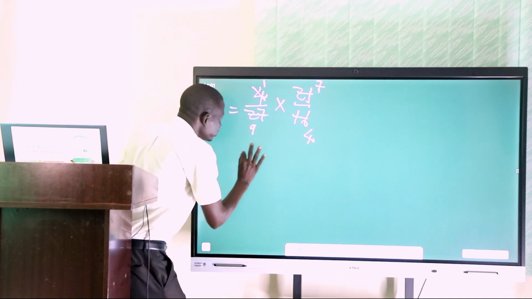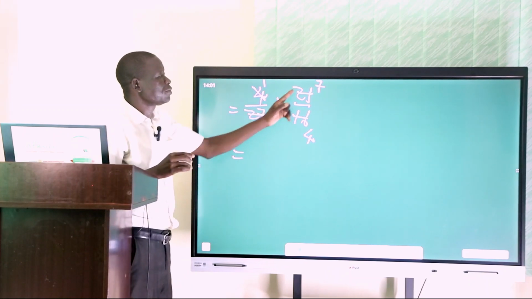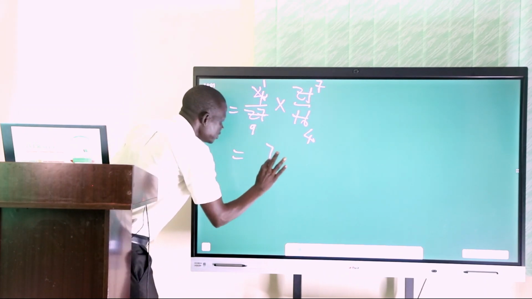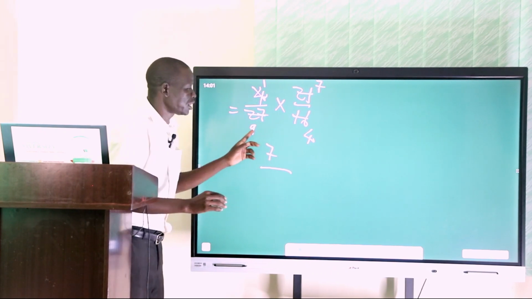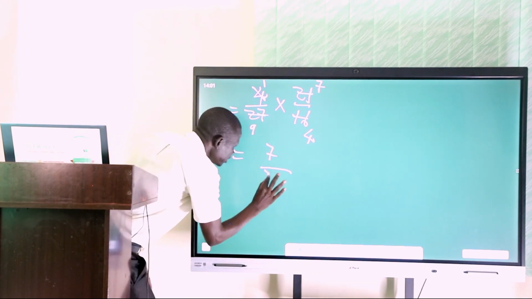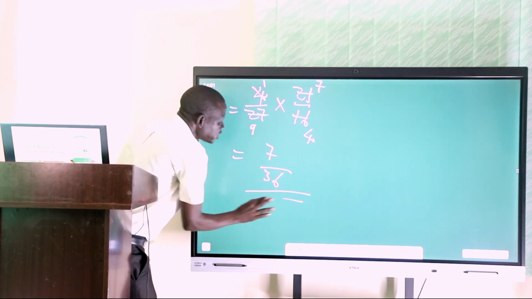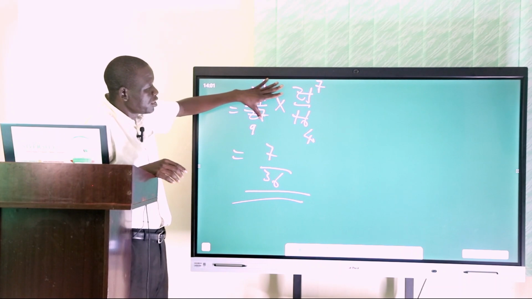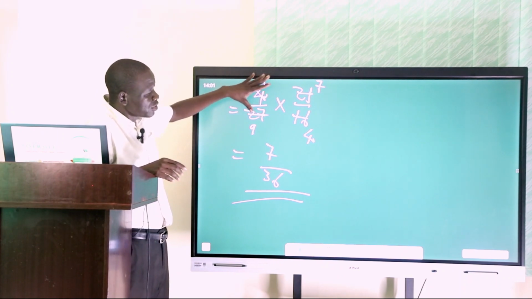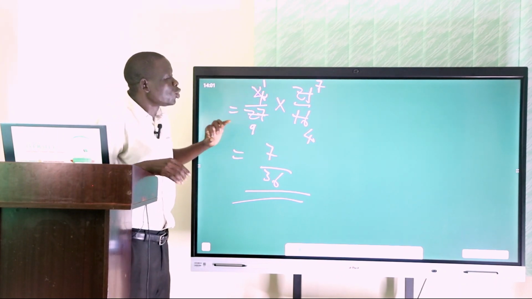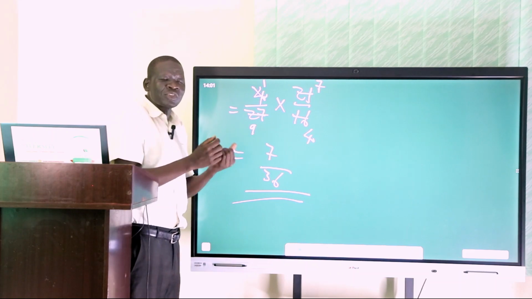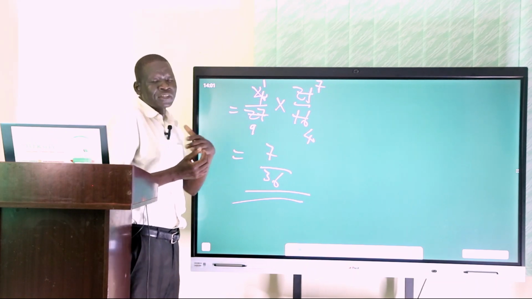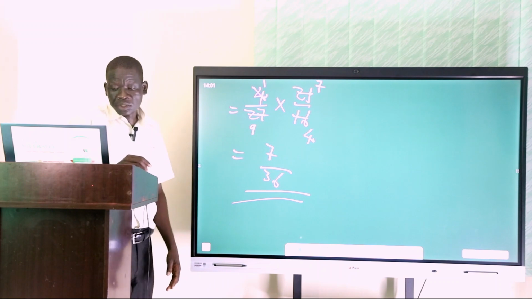So in this case, we shall have 1 times 7, you get 7 over 9 times 4, you get 36. So you can see that we start cancelling from the beginning. The essence of cancelling from the beginning is to reduce the fractions into their simplest forms, after which you multiply.